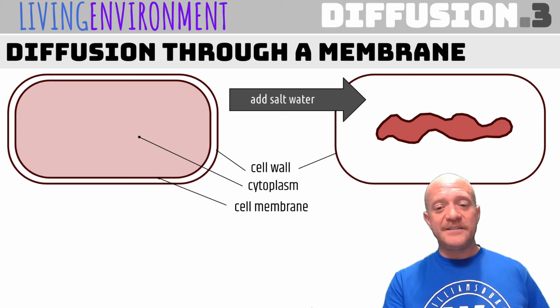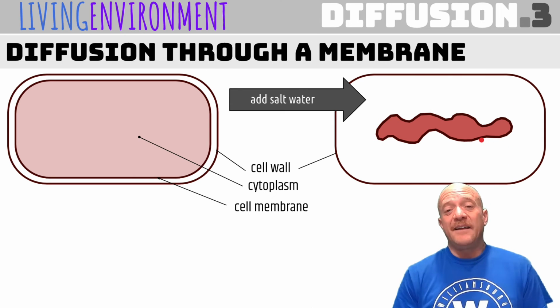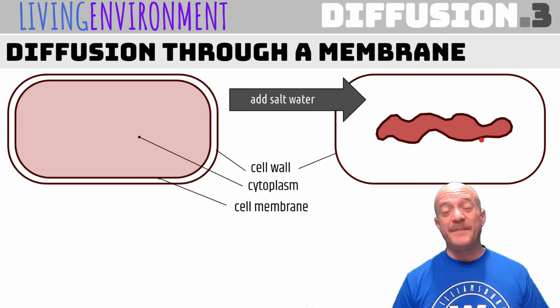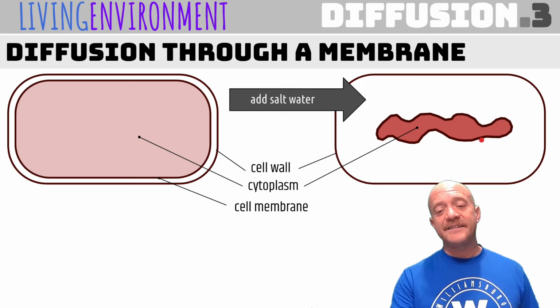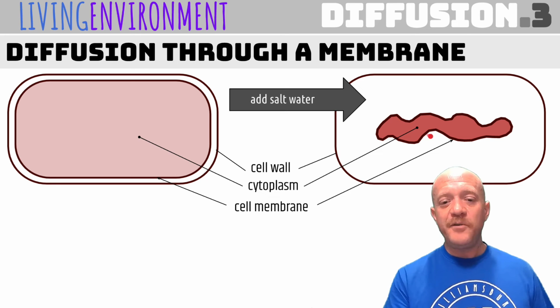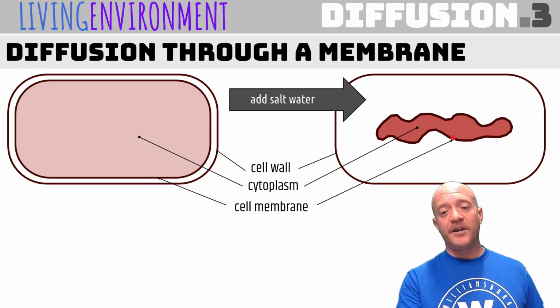And eventually it's going to shrivel up into a tiny little shape, like a balloon that's been deflated. Now, when you do this, you can actually see the cytoplasm inside, and it is darker because it's more concentrated. And you can actually make out the cell membrane. The cell membrane is literally the outside of this little squiggly part.